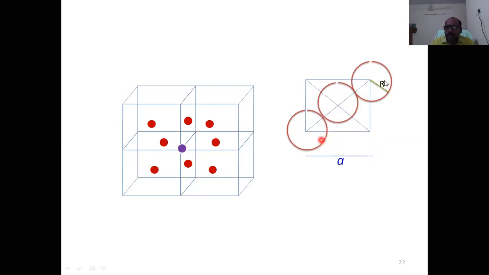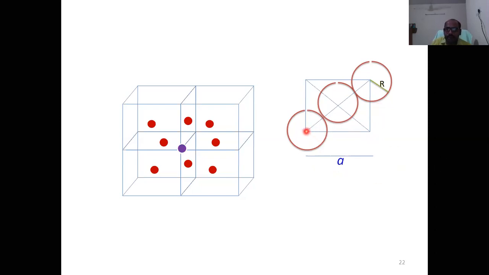If we consider the atomic radius as r, and a is the lattice constant, or we can say basis vector. Since it is a cube, the basis vector is the same in all directions along x, y, and z. So we are taking it as lattice constant a. Now we see the relation.